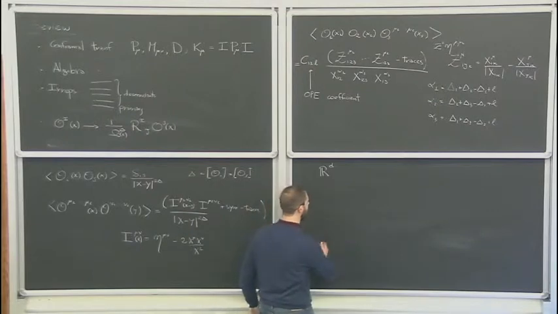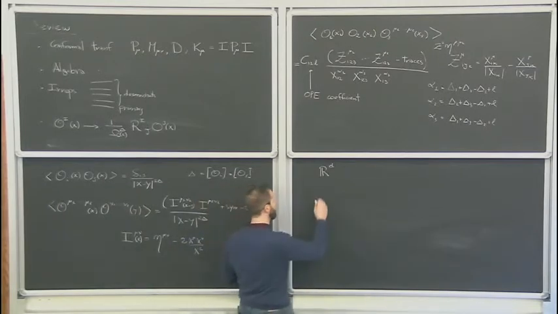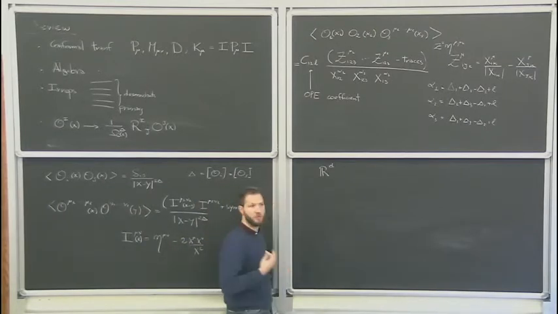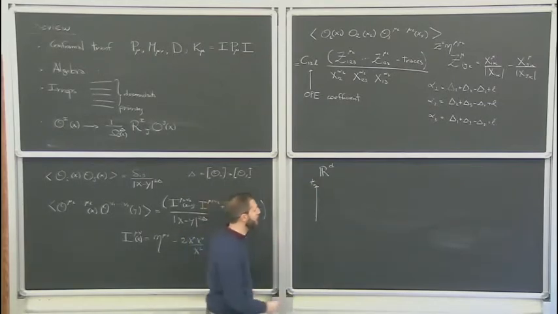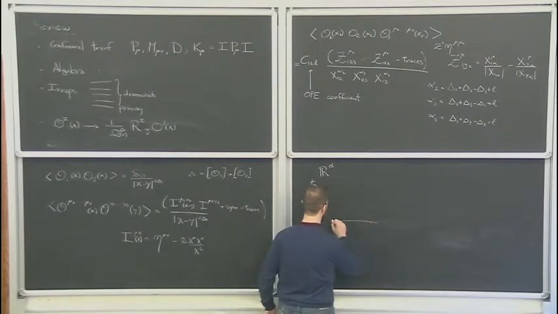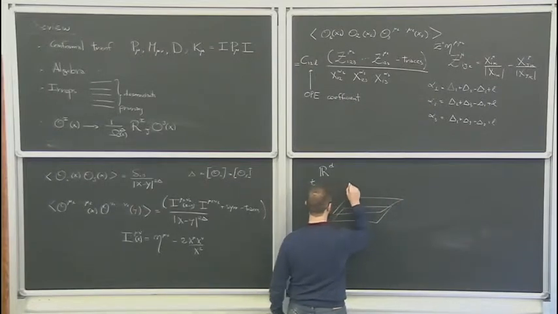And so normally what we do, we define a foliation. Well, first of all, we identify a direction which we call time. Okay, and then we foliate the space-time with space-like slices.